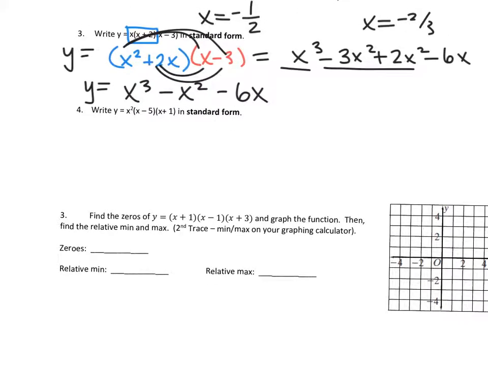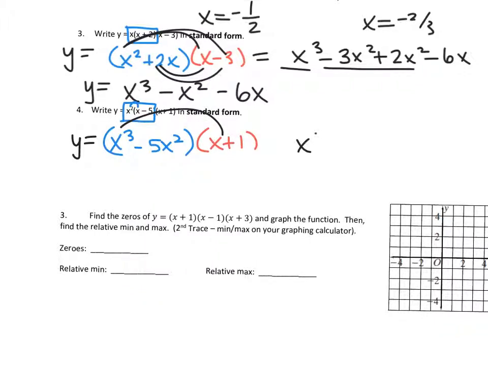Number 4, write this in standard form. I'm going to multiply these two first. That's going to be y equals x cubed, because x squared times x is x cubed, minus 5x squared. Keep this in parentheses and multiply it by x plus 1. Then I'm going to FOIL this.